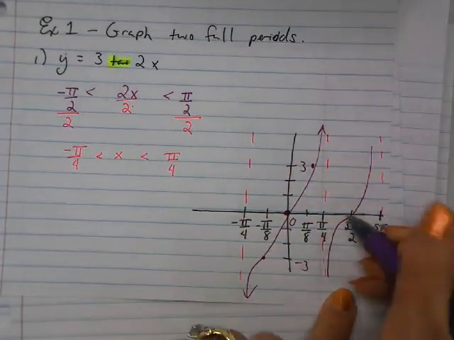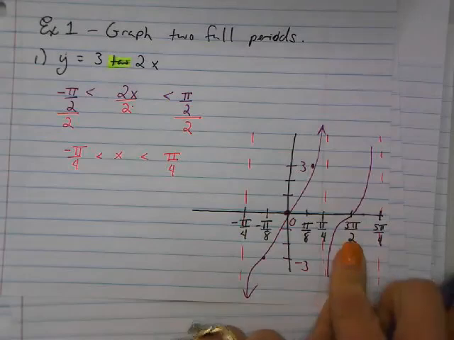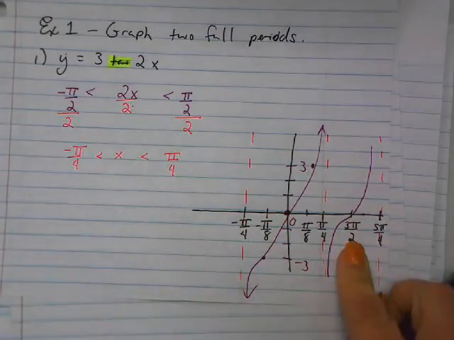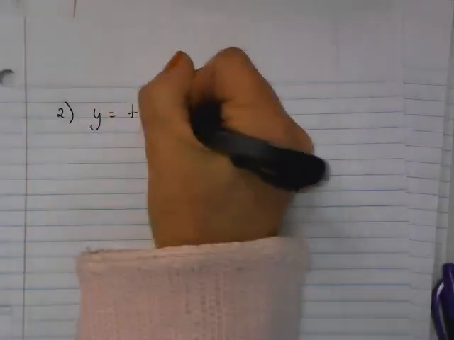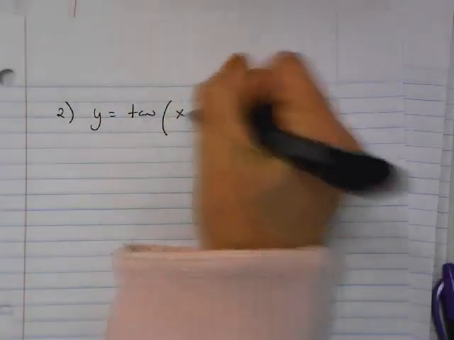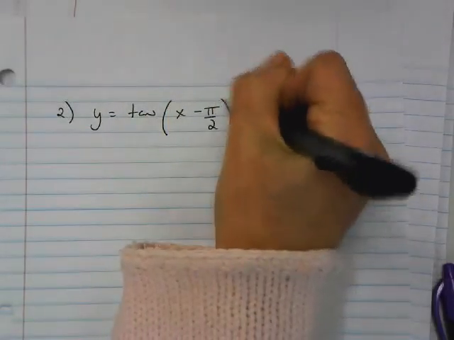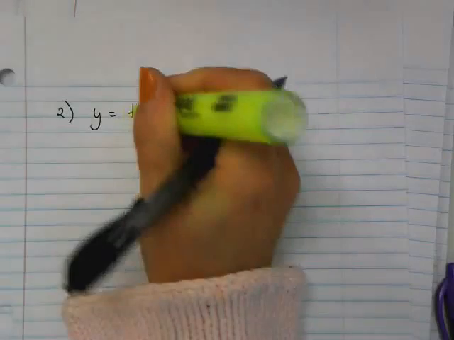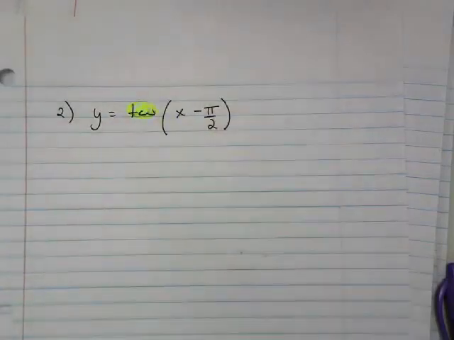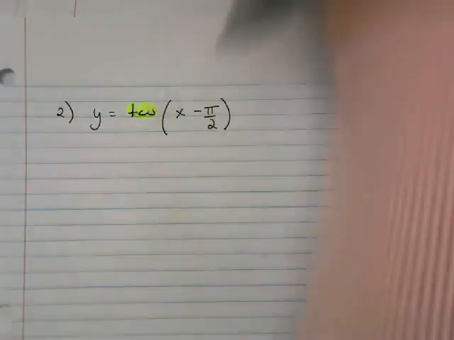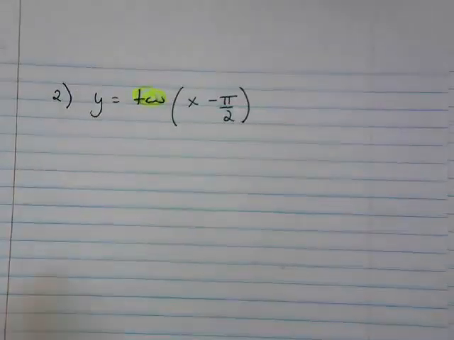Let's say I want you to graph the tangent of x minus pi over 2. First step, determine whether it's tangent or cotangent so that you know where your limitations should be. Tangent goes from negative pi over 2 to positive pi over 2. Now, in here, I'm going to put whatever is following the tangent function.